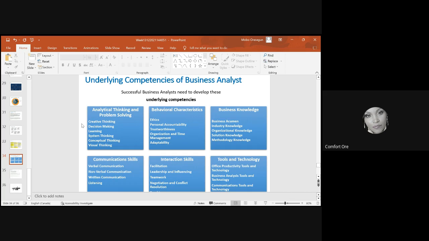Behavioral characteristics: your ethics in the workplace, personal accountability. Everybody's working from home right now, but it doesn't mean that once you're assigned the job, you don't deliver your tasks, right? Trustworthiness.